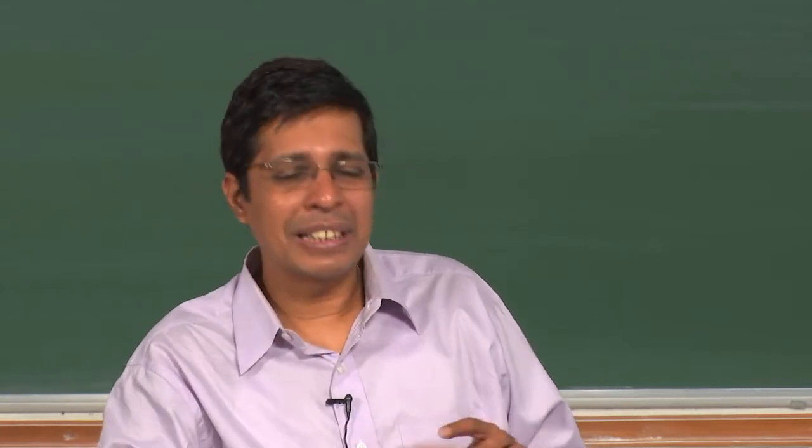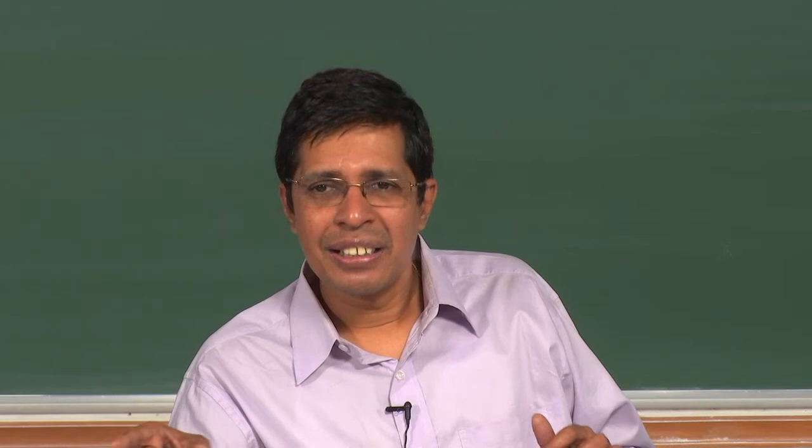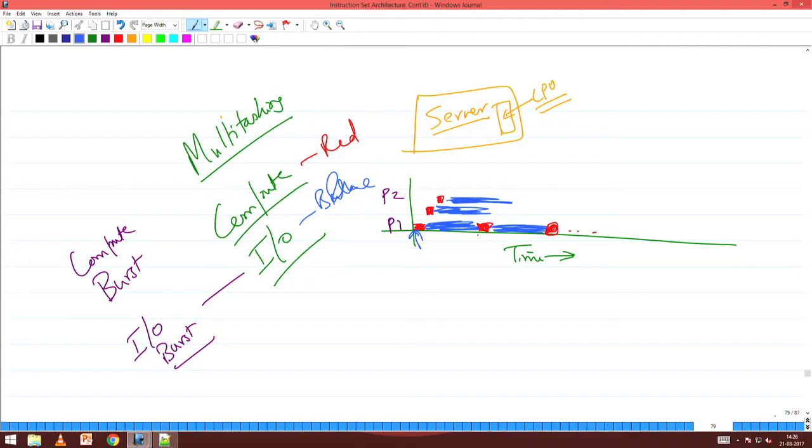Between this red and this red, it released the CPU at T1, and let me say it wants it again at T2. In this T2 minus T1 interval, several other processes can work on the CPU. Are you getting what I am trying to say?